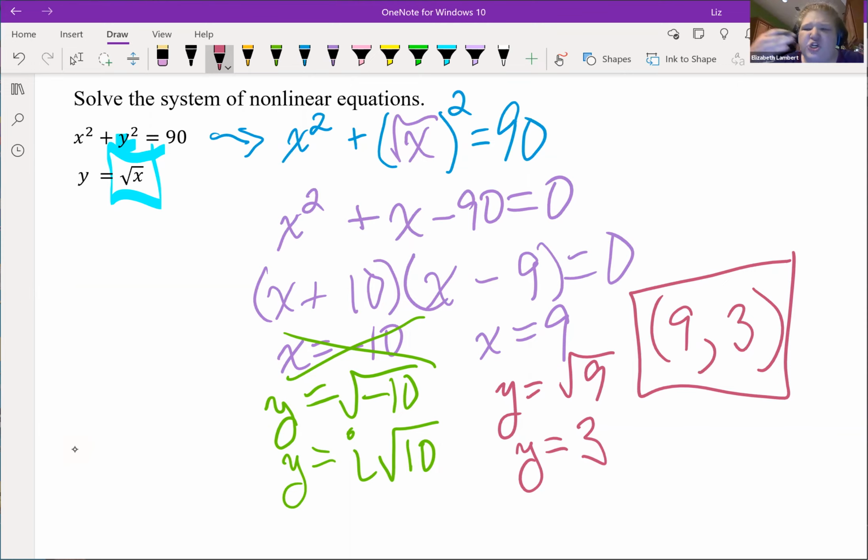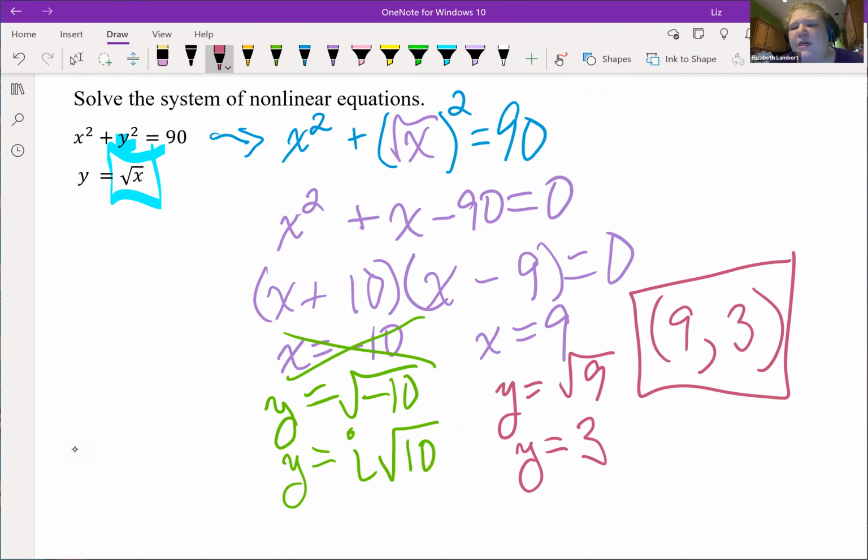But here you're going to start to see more than one ordered pair. So it is helpful to write the ordered pairs as ordered pairs. Because if you just write x equals 9 and x equals negative 10, and then you find y values that go with them, it's not always obvious which one goes with what. So the ordered pairs do give a more logical answer.